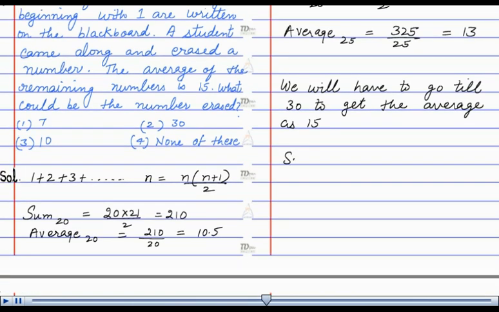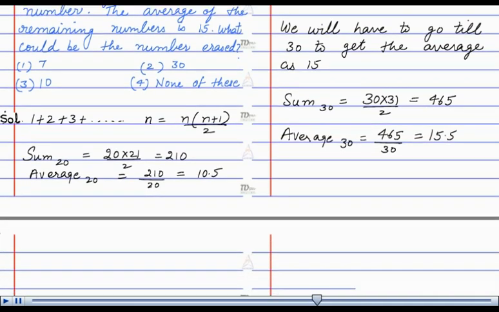The sum up to the first 30 numbers is given by 30 into 31 by 2, which is equal to 465, and hence the average up to the first 30 integers is 465 upon 30, which is equal to 15.5.